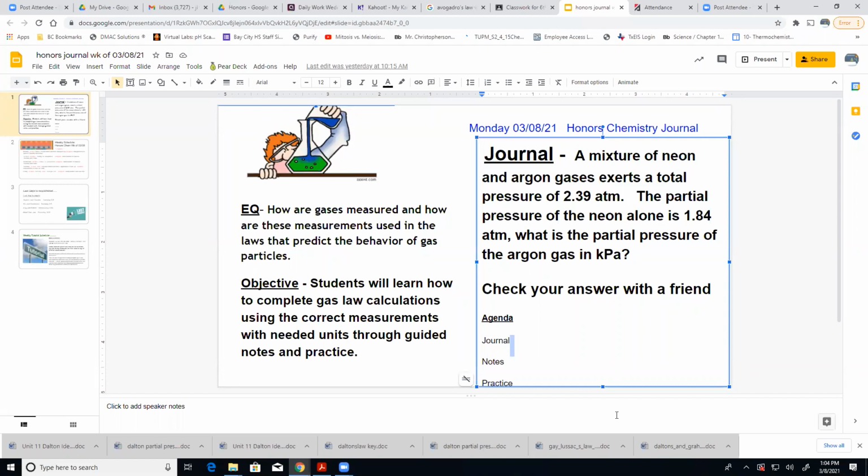So did anybody get the answer for the argon? And that's in the kilopascals?